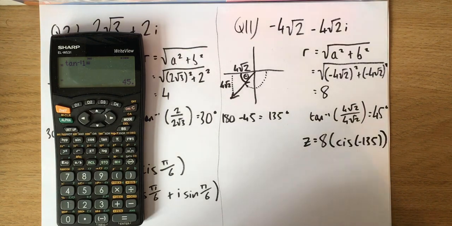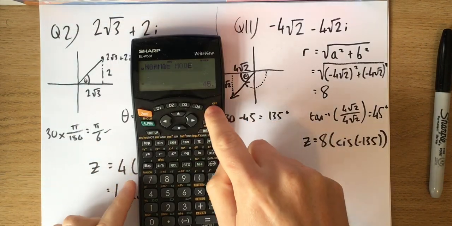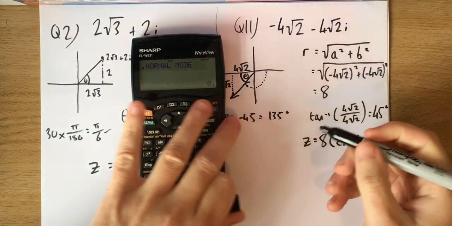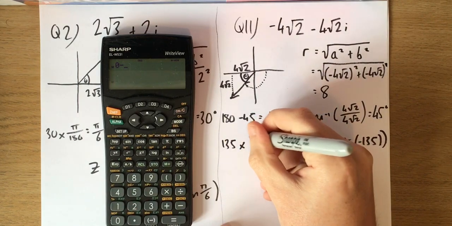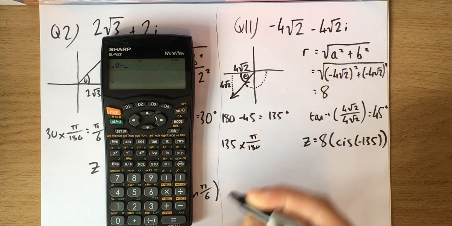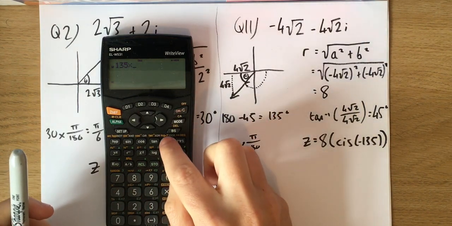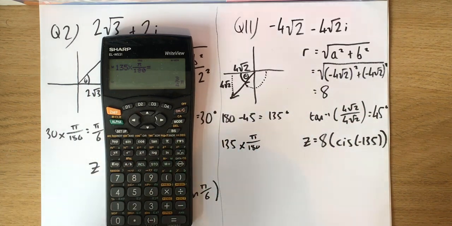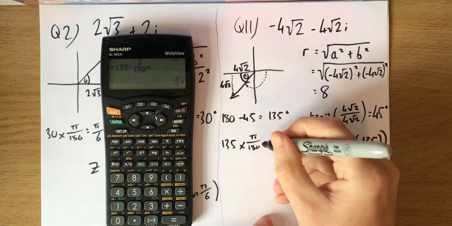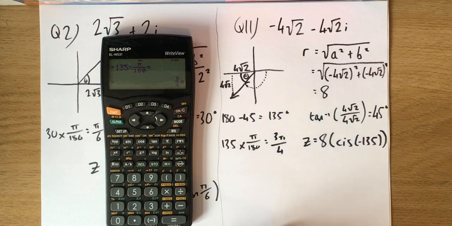All right, so to go into radians mode then, just convert 135 into radians. So 135 multiplied by pi over 180 is 3/4 pi, so 3 pi over 4.